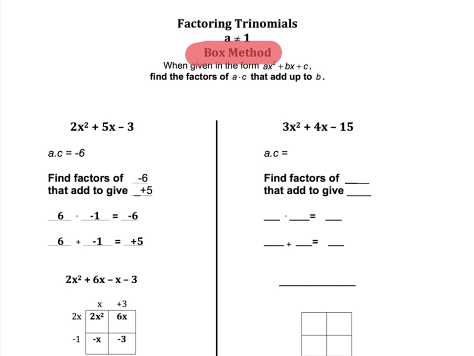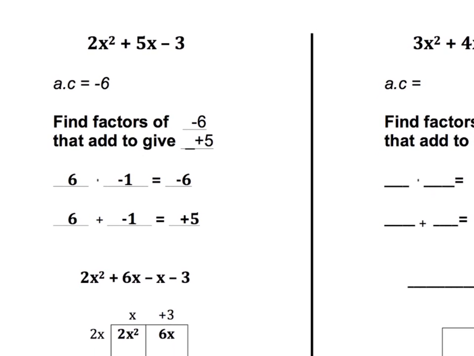Now let's see what we can do in this case. The first thing I need to do when I have a trinomial like that is multiply the a with the c. So let's recognize what the a is, what the b is, and what the c is. A is a 2, b is a 5, and c is a negative 3.